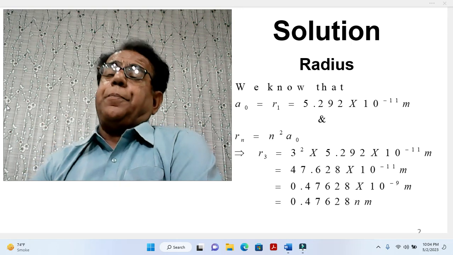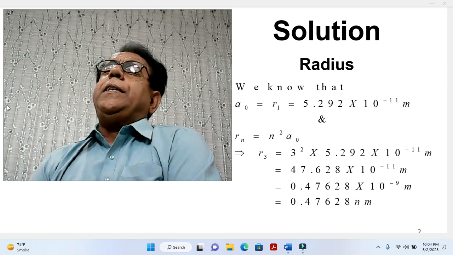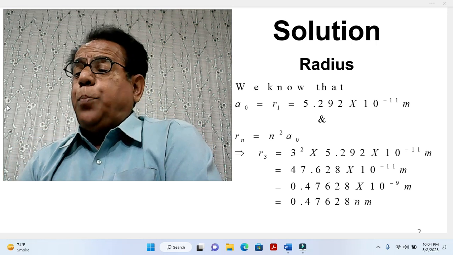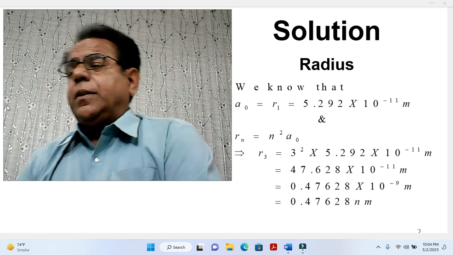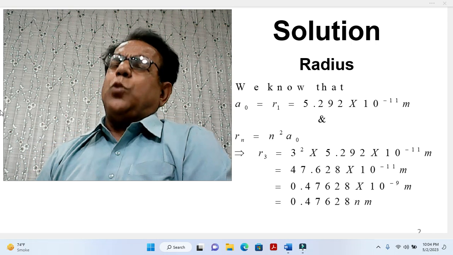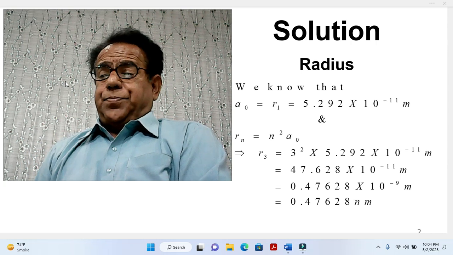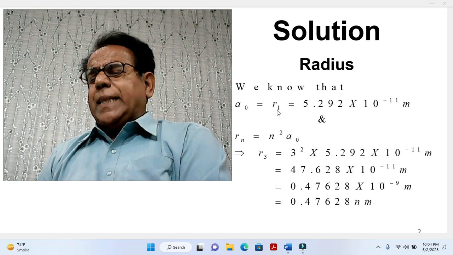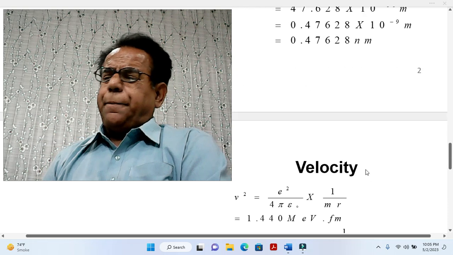But because nano is a very small quantity, we can round it as 0.5 nanometer, that is half nanometer. But it is just a matter of discretion. I think it is unsafe, so this is quite okay.